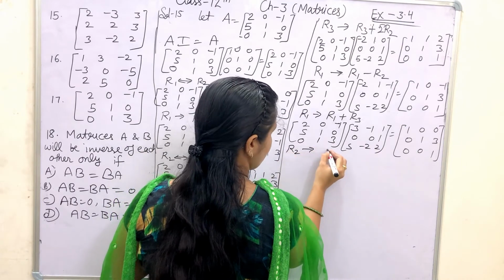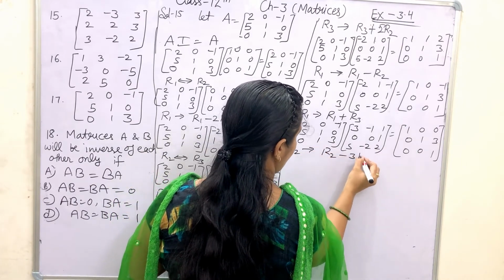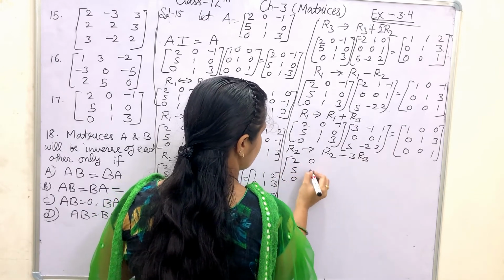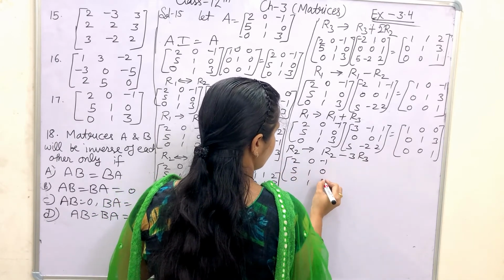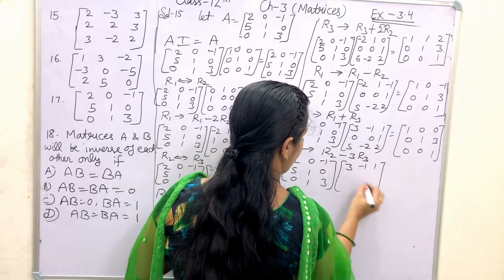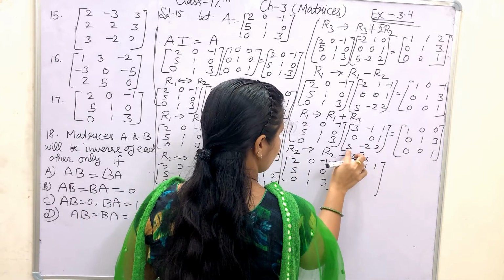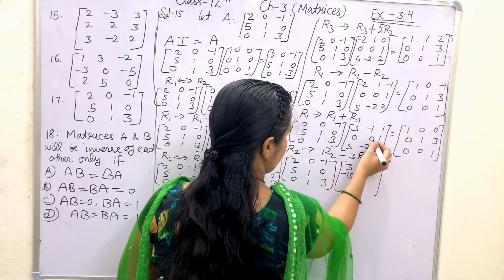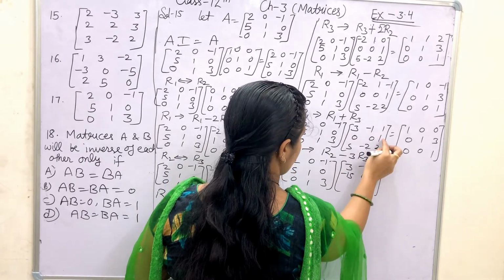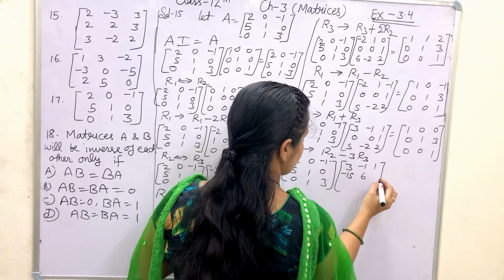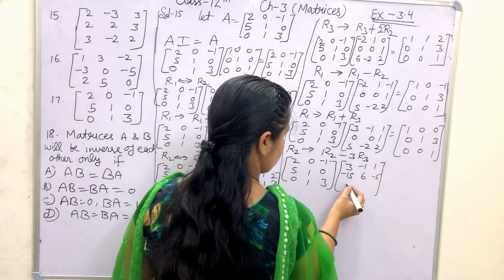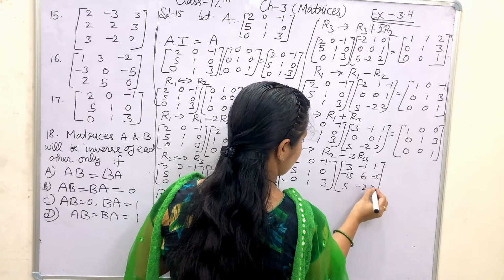So R2 minus 3R3: 3 minus 1 1, R2 minus 3R3 gives 3 minus 15, and 0 minus minus plus 6, 1 minus 6 means minus 5. 5 minus 2 2.